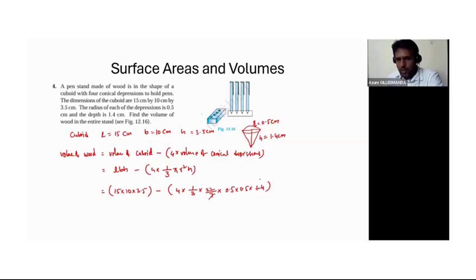7 ones are 7, 7 twos are 14, so 0.2 because it is 1.4. Now, with the 3, can I cut?